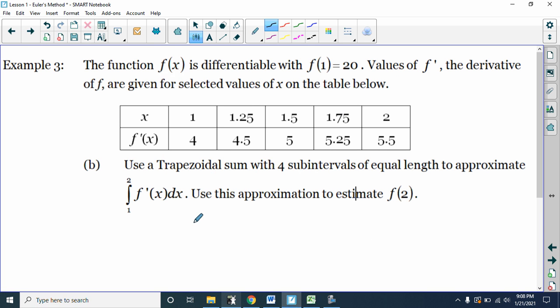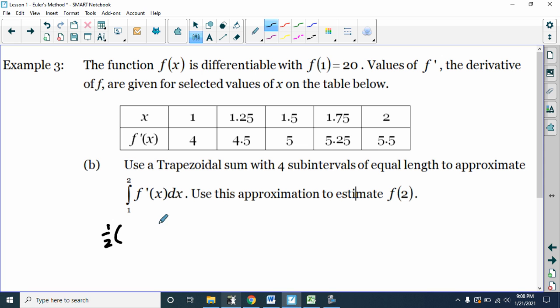Part B asks us to use a trapezoidal sum with 4 subintervals of equal length to approximate the integral from 1 to 2, and then to use that approximation to estimate f of 2. So for the trapezoidal sum, we're going to do 1/2 the sum of the bases.